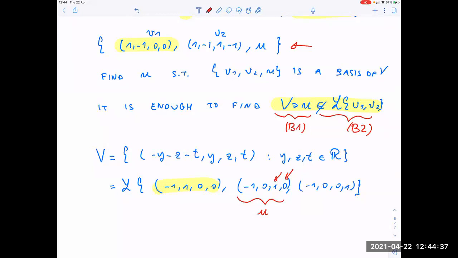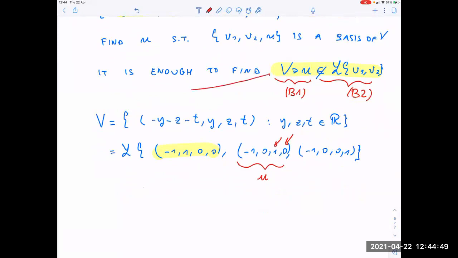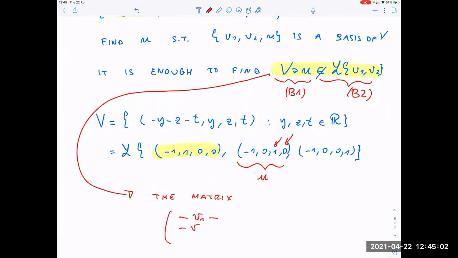So you write down V, and then by inspection, you look for elements of the basis which are not a linear combination of V1 and V2. So basically, the requirement here is that the matrix having as rows V1, V2, and U has rank 3.